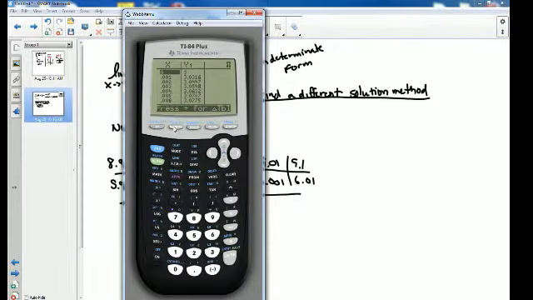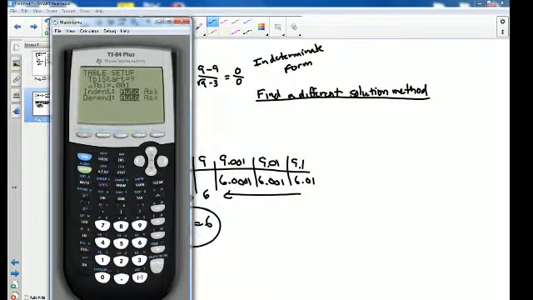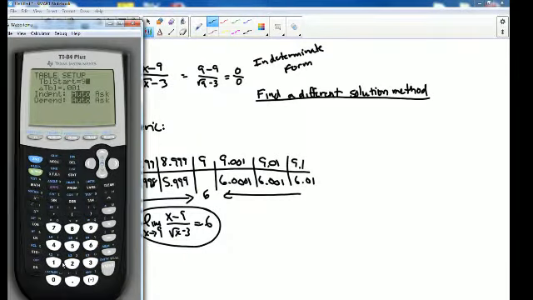Let's go to table set. You'll want your table start value to be 9 because that's our x. And if you put 0.001 as the change, we're going to get this number and this number.